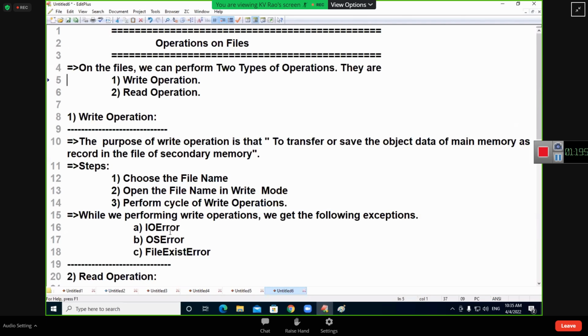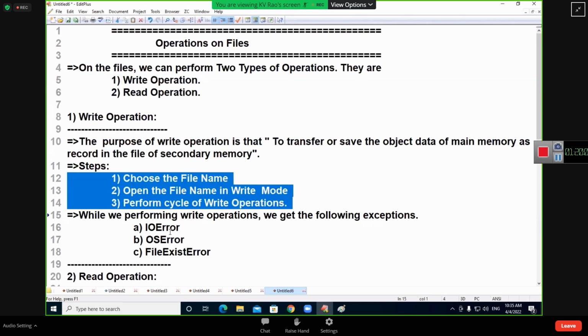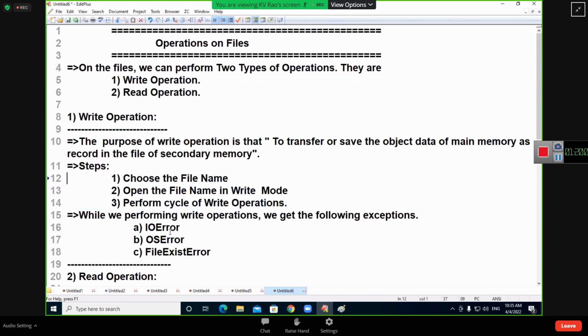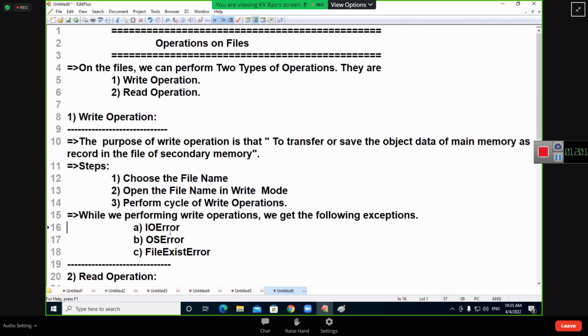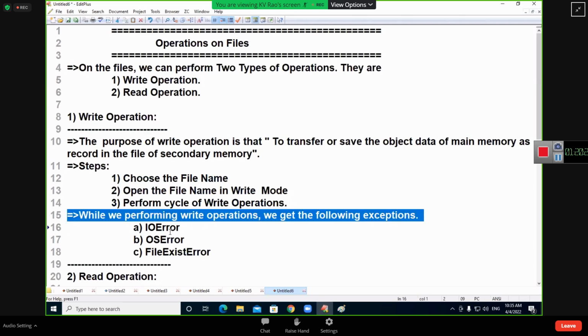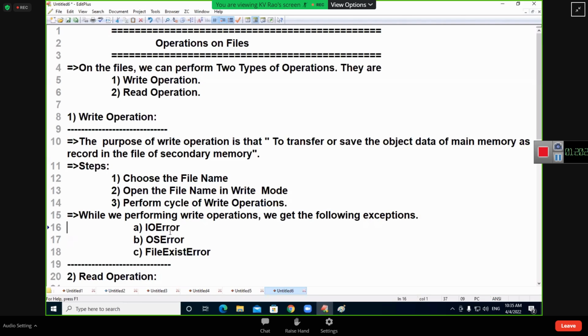How many steps in write operation? Number 1, choose the file name, open it in write mode. Open the file name in which mode? Perform cycle of write. While you are performing write operation, we are getting some exceptions. One is what?